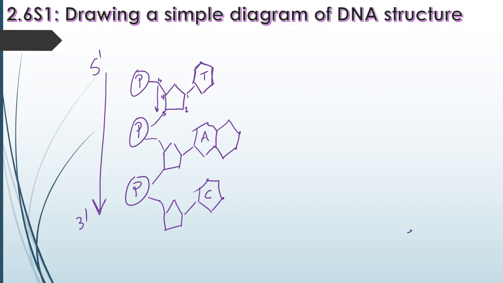Now, T, remember I said, is going to bond twice to A, and A is a double ring structure.